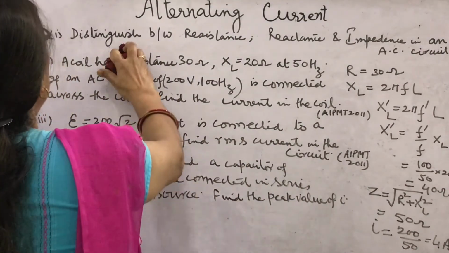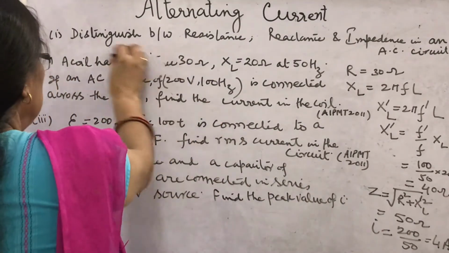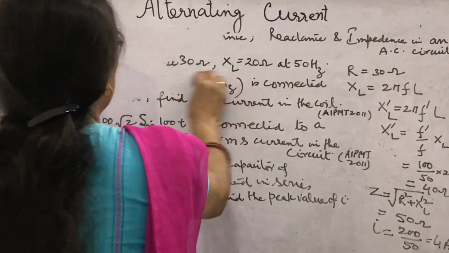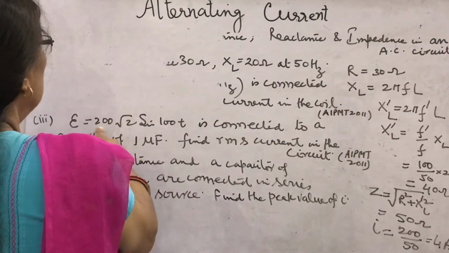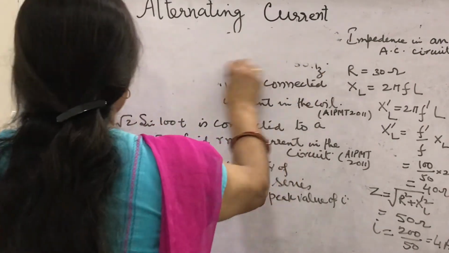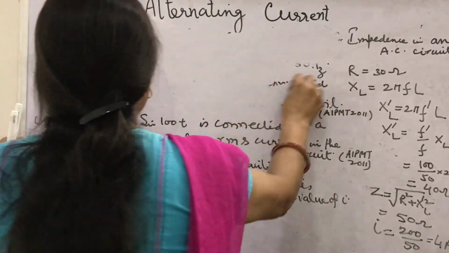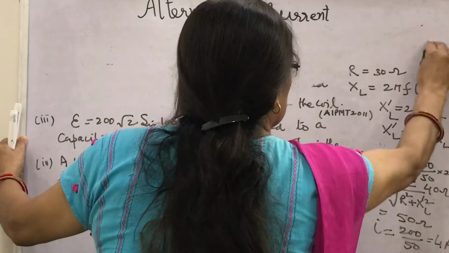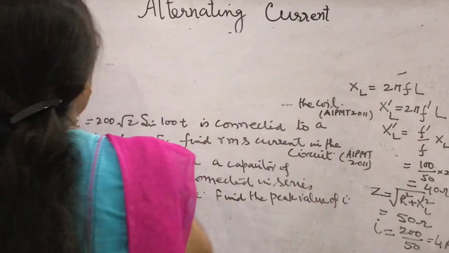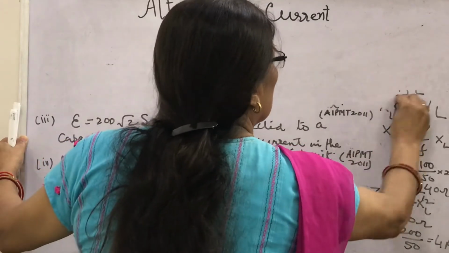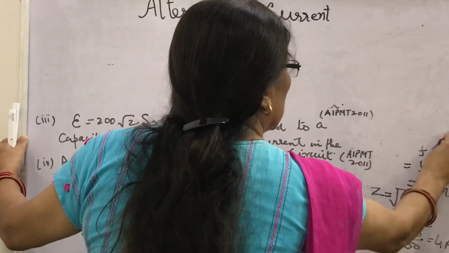Now look, what will be the next question? This third question I have written here. It is given that a source, whose equation is written here, E equal to 200 root 2 sine 100 t, is connected to a capacitor of 1 microfarad. Look, how will you solve this question?